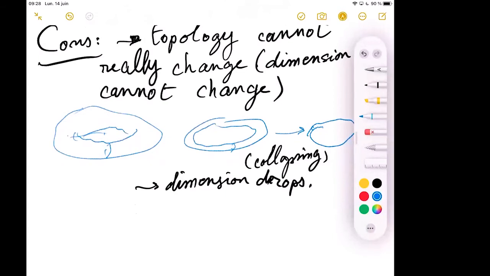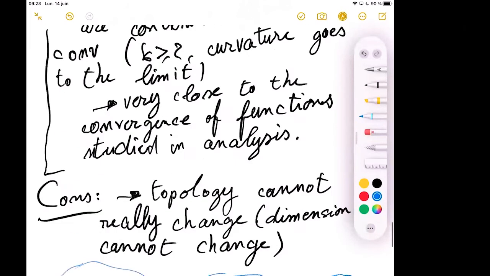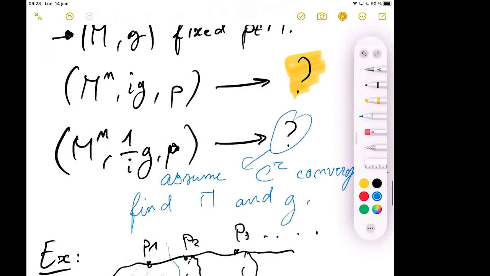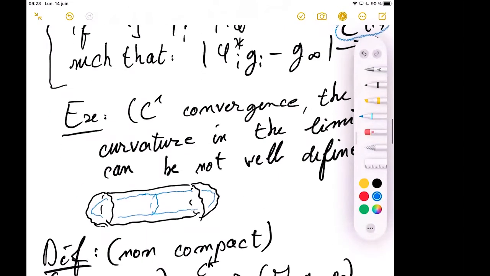Another kind of thing that we cannot address is singular limits, for instance. So we could get very mild singularities. That was the example here, where curvature kind of existed, but wasn't continuous. Actually, this surface would have some kind of a measure as curvature, and a very well-behaved measure.